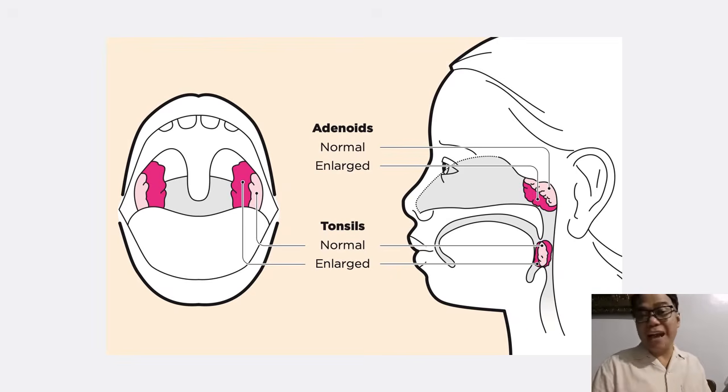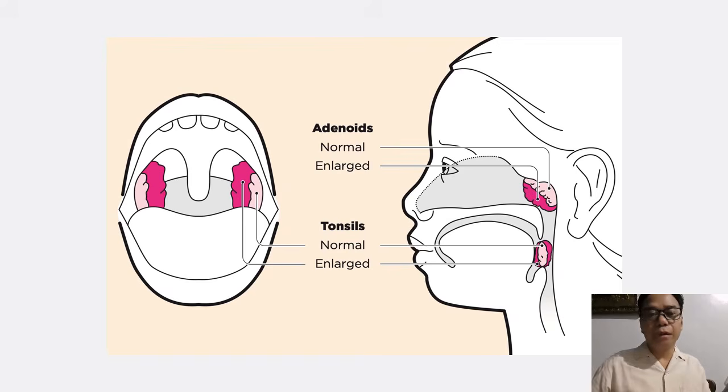However, if it is recurring, for example, if you experience this 6 times in a year, that is the right time, or that is the cue that you really need to undergo tonsillectomy or adenoidectomy.